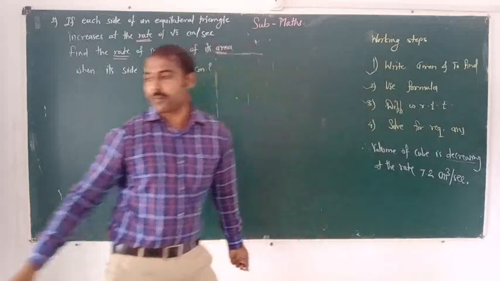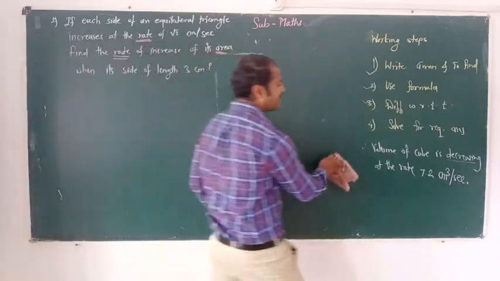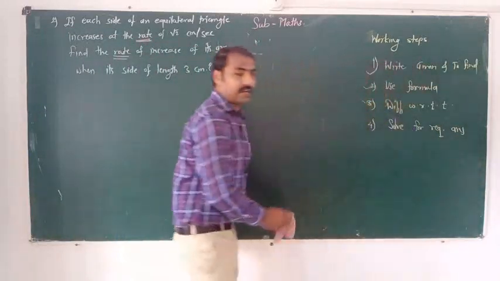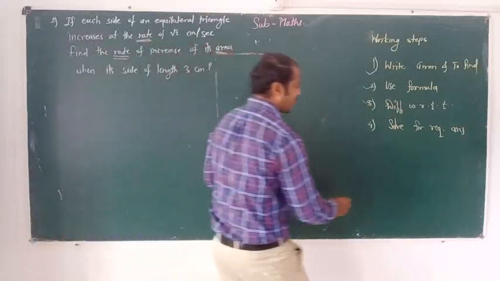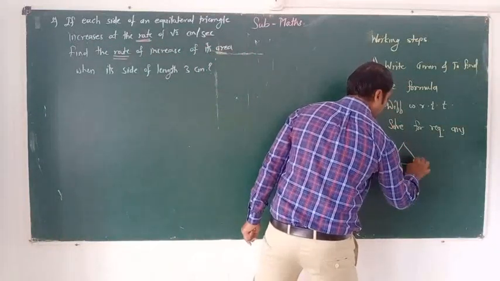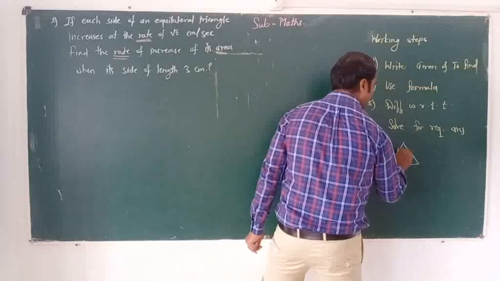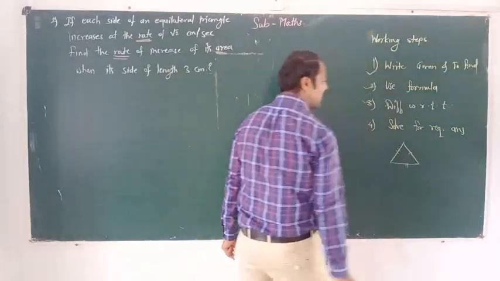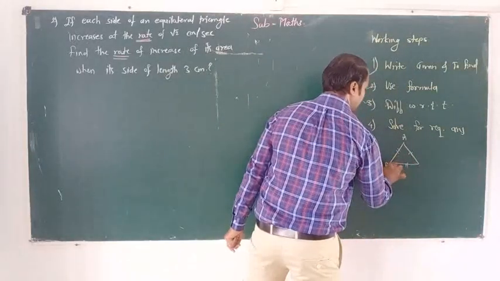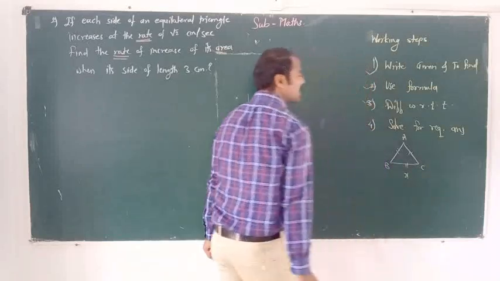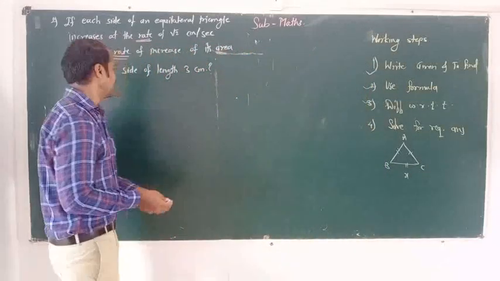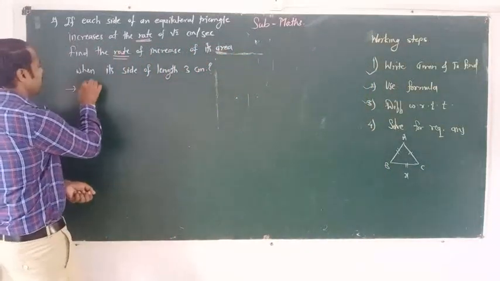Here geometrical figure is equilateral triangle. So I can draw here equilateral triangle. Means sides are equal. That triangle is ABC. If x is the side of the equilateral triangle, I can solve this example.